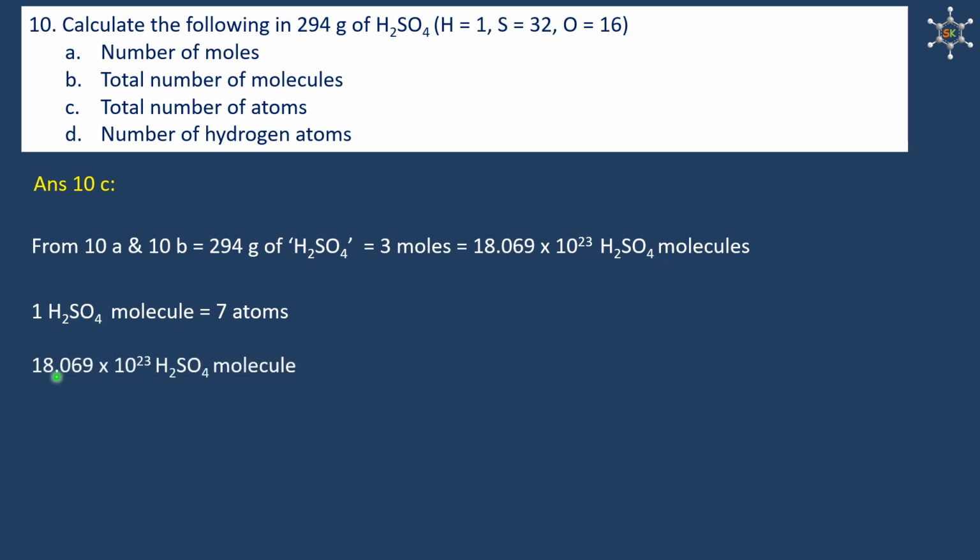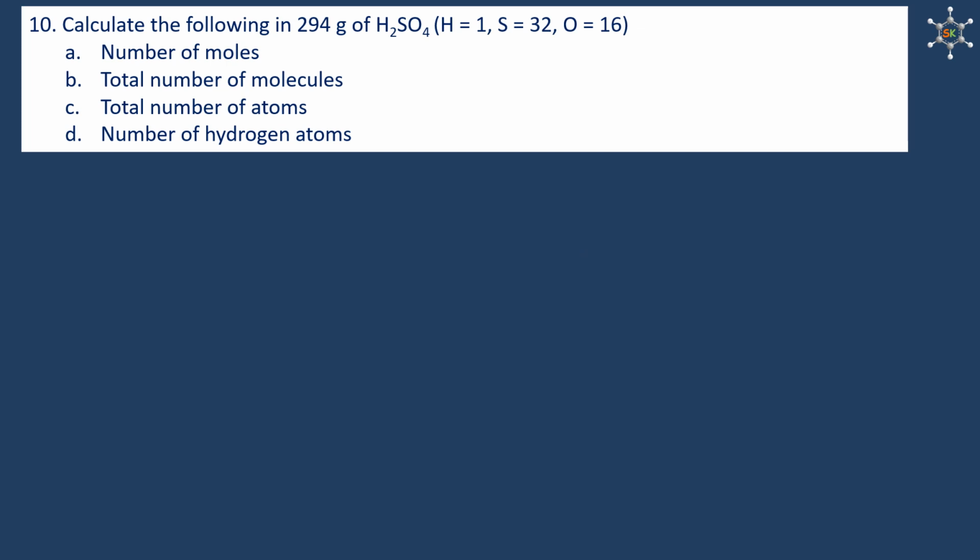So, 18.069 into 10 to the power of 23 sulfuric acid molecules consist of 7 multiplied by 18.069 into 10 to the power of 23 atoms. If we simplify this, we get the answer as 126.483 into 10 to the power of 23 atoms.